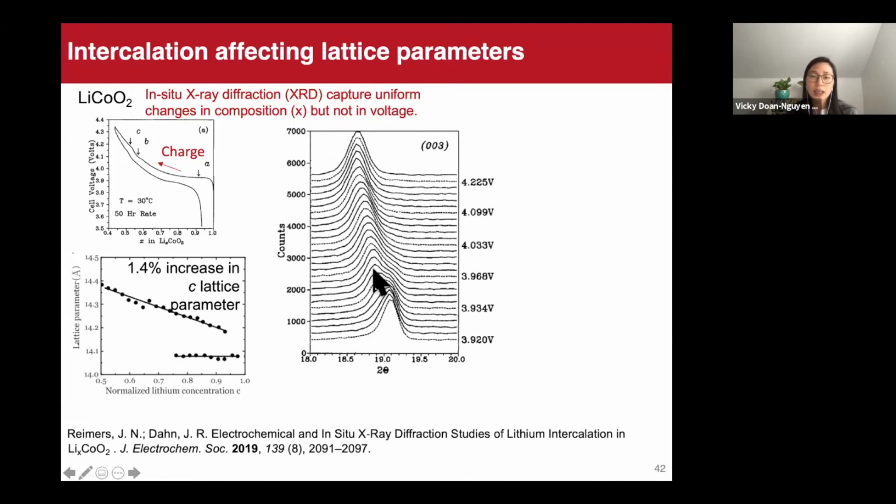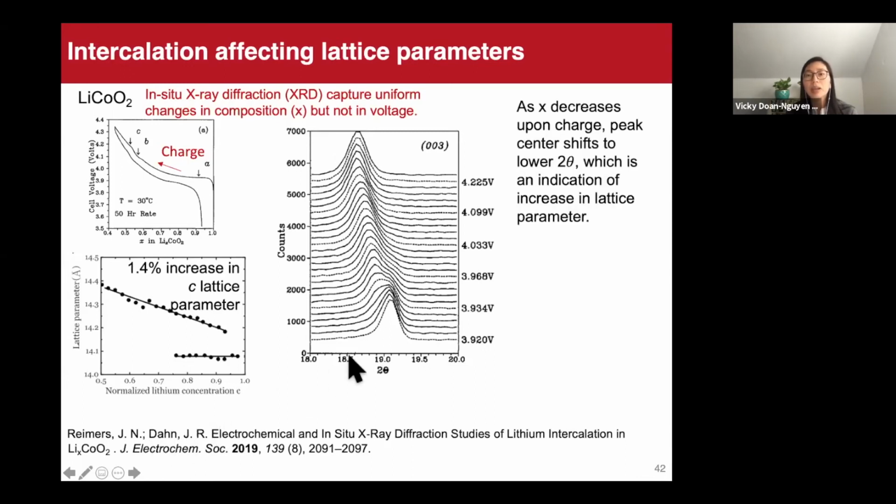So cycling is done on the cell as you're collecting X-ray diffraction. And that was done by Reimers and Jeff Dahn, who has made major contributions in the battery world. So as you can see, as x decreases, the peak shifts from higher 2 theta angle to lower 2 theta angle. And that's indicative of a lattice parameter increase.